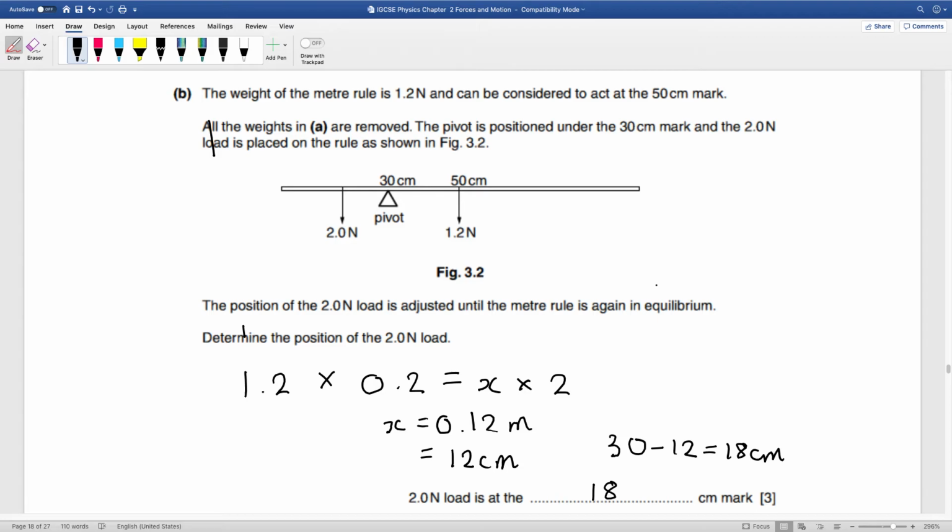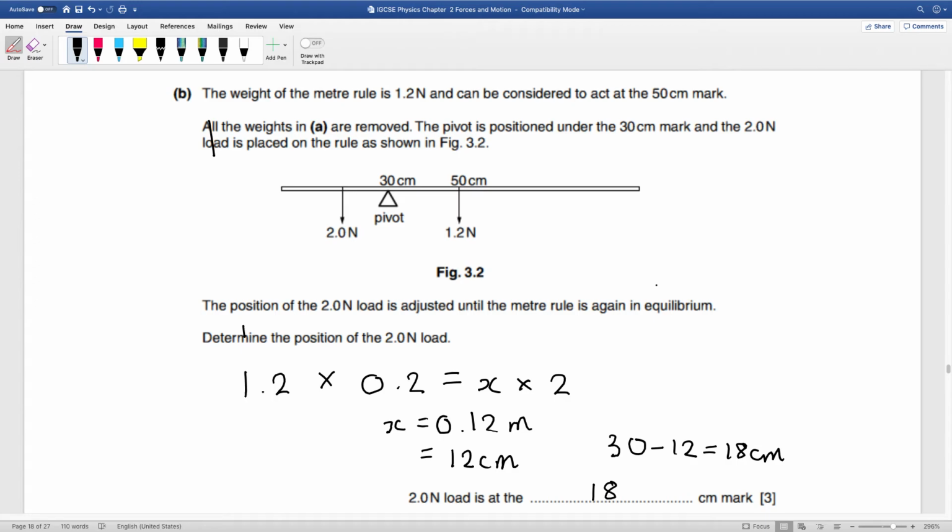It's not difficult to find x. It's 12 cm. But your final answer should not be 12 cm, because it's not asking about the distance of the 2 Newton force from the pivot. Determine the position of the 2 Newton load. The position means the mark on the meter rule.